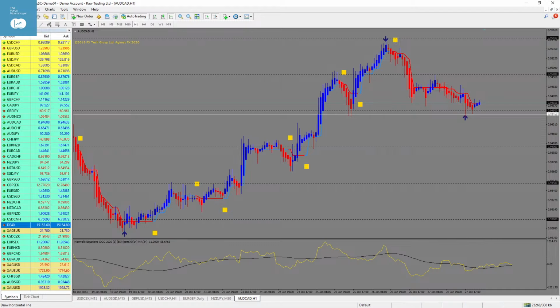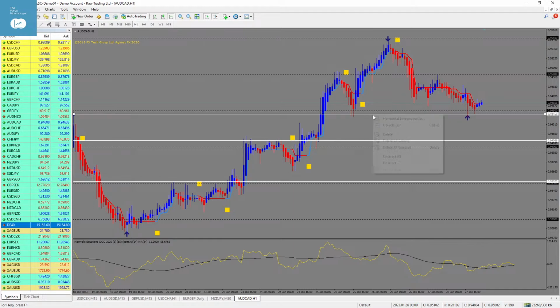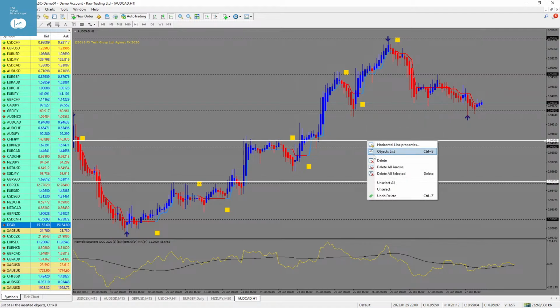We have several positions as a target. Maybe it comes to this next support, and we also have the former support here, and of course this low would also be a possible target, depending on how this pair moves next week. But maybe the Aussie gets strong again.